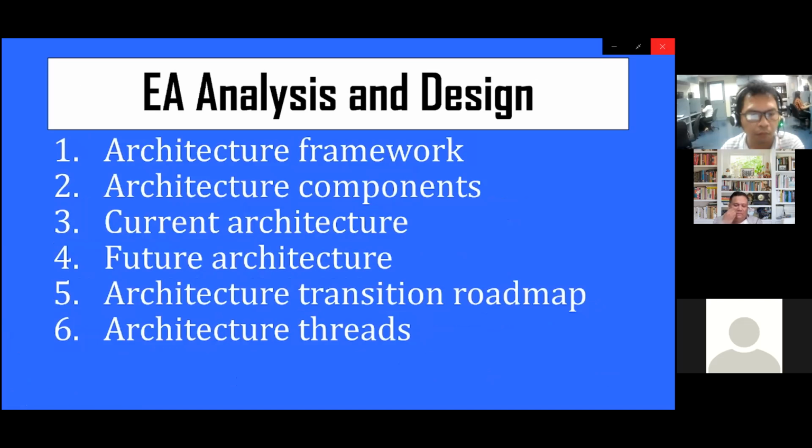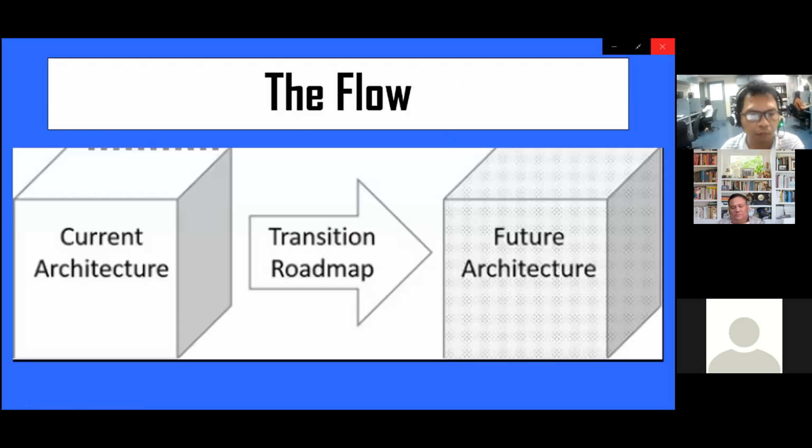So looking at EA as an analysis and design methodology, let's break it down into six elements. It's already been mentioned in the previous slide, but just to break it down a bit, first we'll have the architecture framework, the architecture components, the current architecture, the future architecture, the architecture transition roadmap, and the architecture threads. So let's break this down as well. First, let's have this diagram.